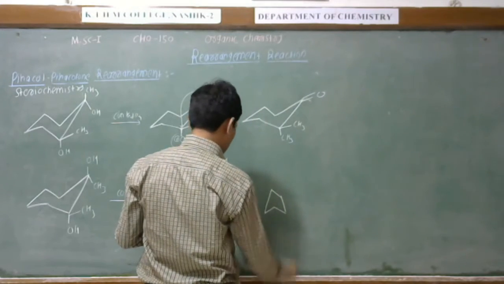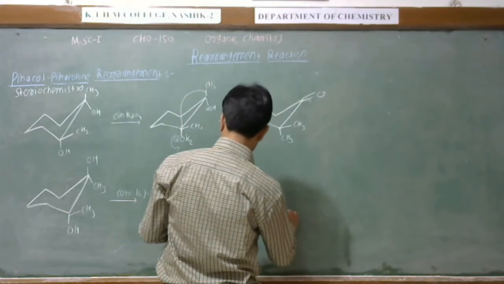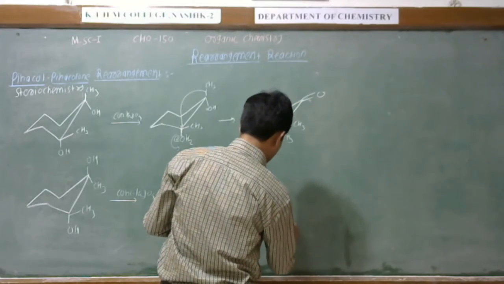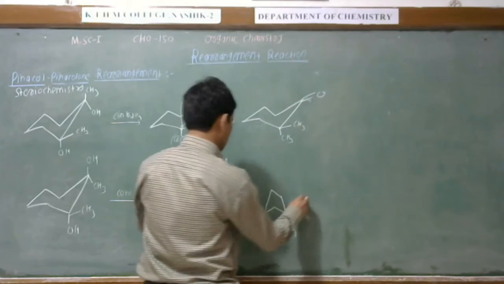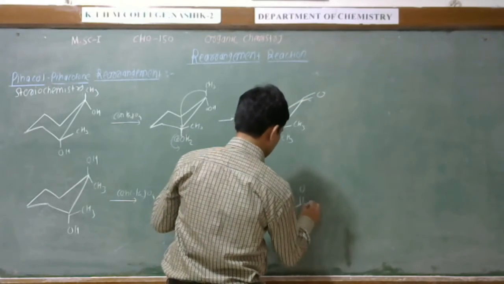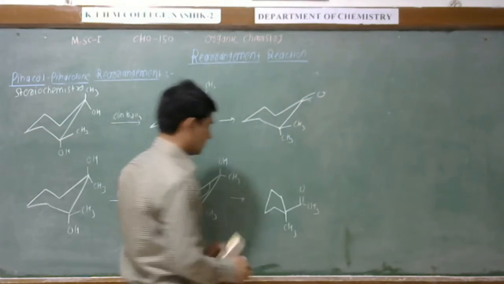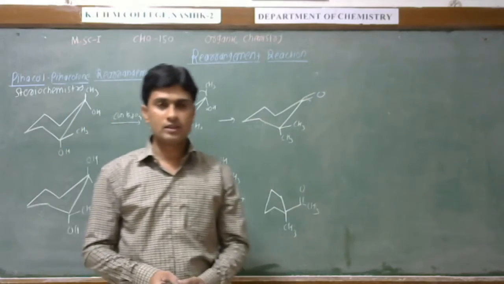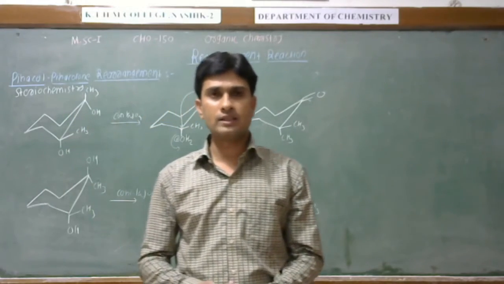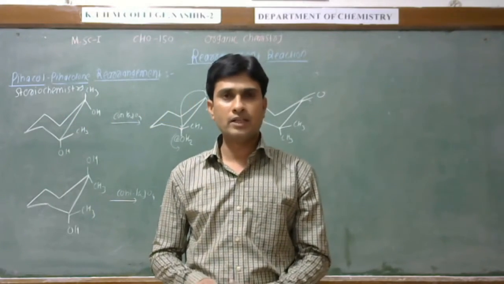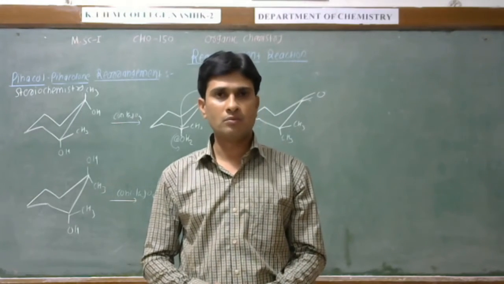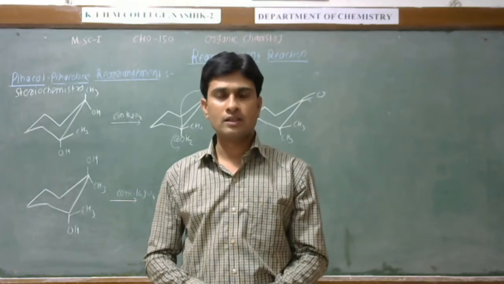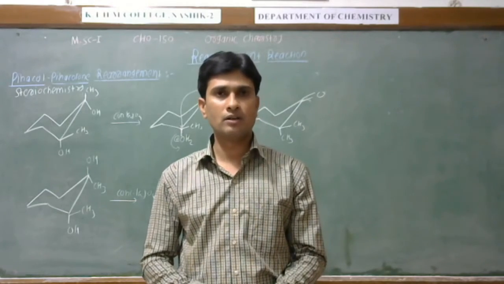This is the 5 membered ring, and at this position there is one CH3, and this is the C double bond O now, and this is the CH3 here. So, in stereochemistry, we can judge that the anti-periplanar or trans-periplanar group will migrate. So, let us discuss an example.